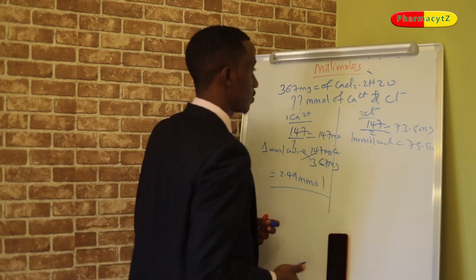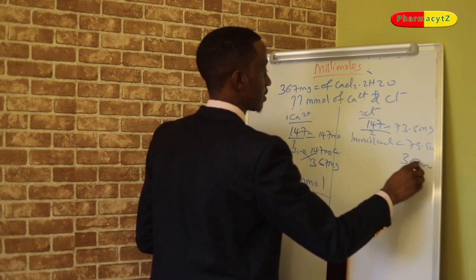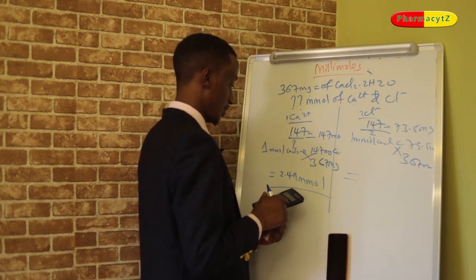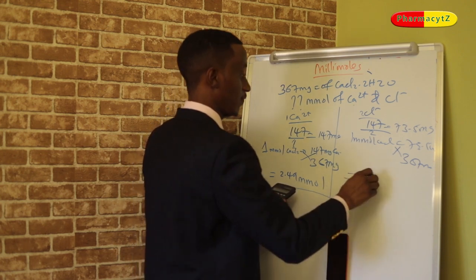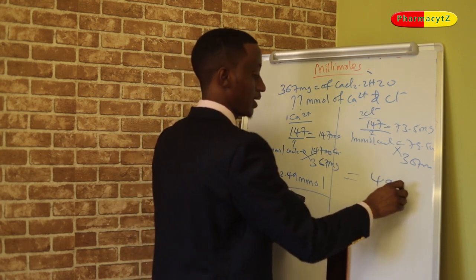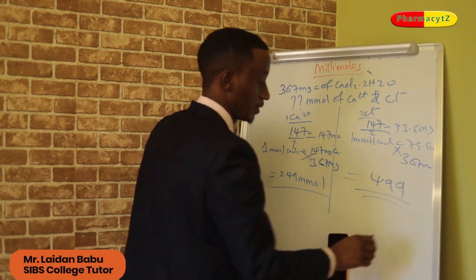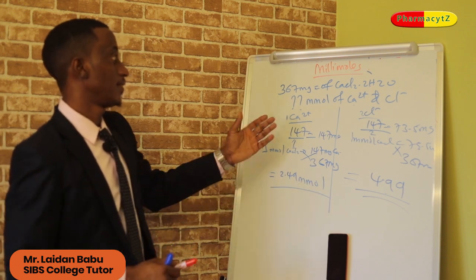So if that is so, 367 milligrams can provide how much? Take 367 and divide by 73.5, and you get 4.99. Okay, so those are the millimoles which can be produced by 367.